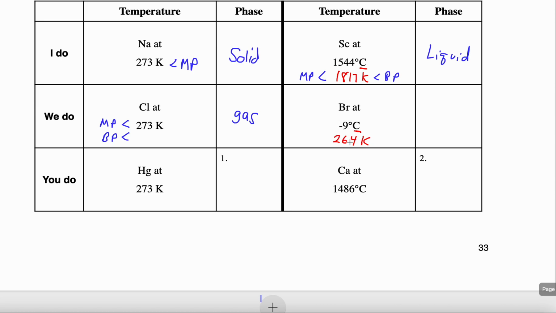And 264 happens to be less than bromine's melting point. So since 264 is a lower temperature than when it melts, I would expect the bromine to be in the solid phase. So you try the practice problems number 1 and number 2 and check your answers with your teacher.